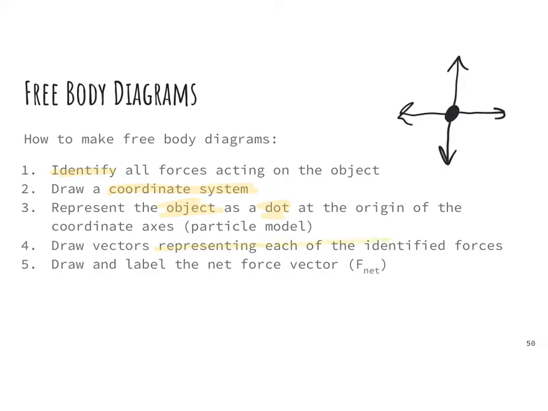We represent each of the identified forces, so for example, if I know that there's the force of gravity, well, gravity pulls straight down, so I draw the force of gravity. The normal force goes straight up, so I draw the normal force, and I identify all of the forces acting. Let's say that the object is moving to the right, and there's a friction force opposing the motion. I will draw an arrow to the left.